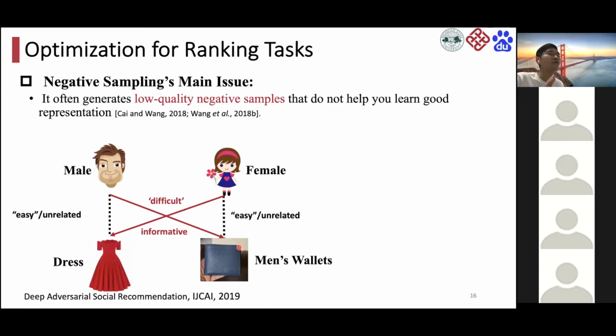This may be helpful at the very beginning of the training process, but later, these easy and unrelated negative samples are unable to provide useful information to further enhance the user and item representation learning.